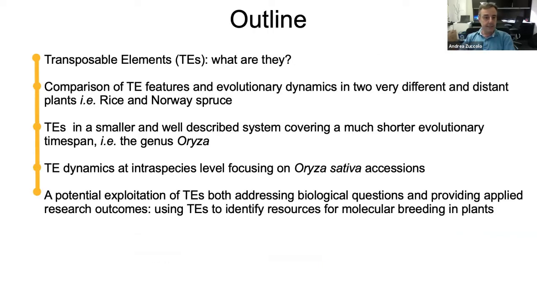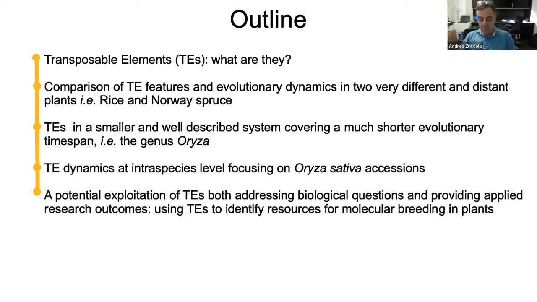Basically, today I will provide a very, very brief introduction to transposable elements. Then I will start comparing their features and evolutionary dynamics in two very different and distant plants: an angiosperm, that is the domestic rice, and the gymnosperm, that is the Norway spruce, Picea abies, the Christmas tree, to make it clear.